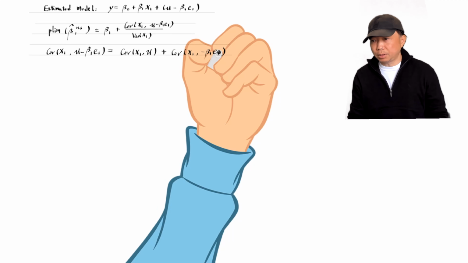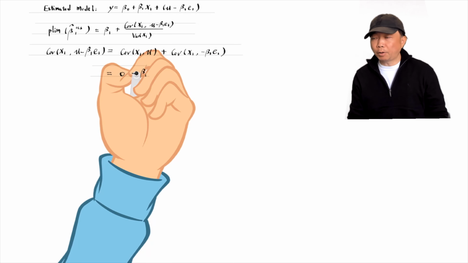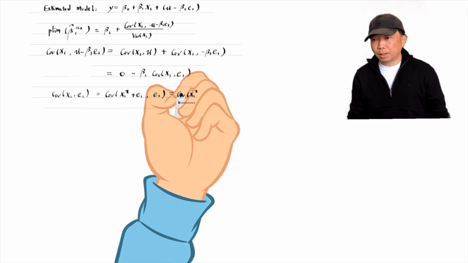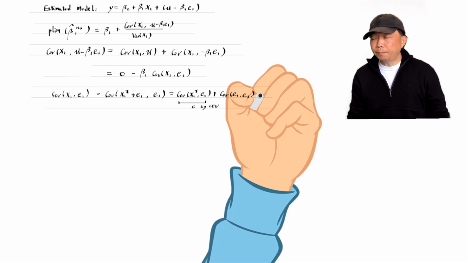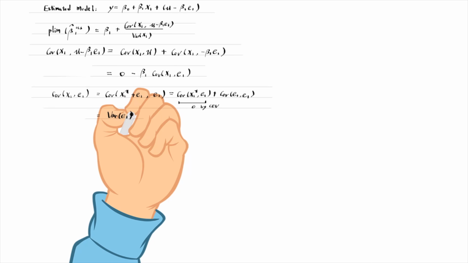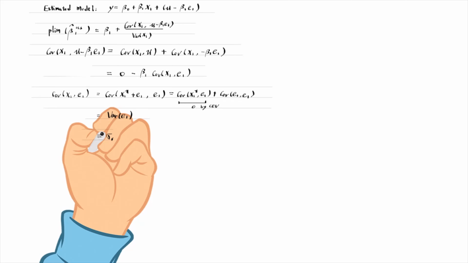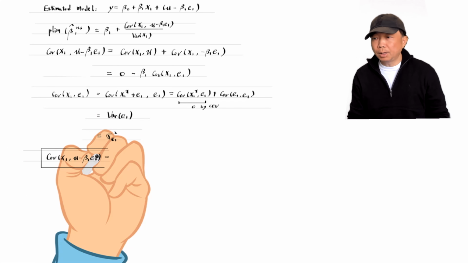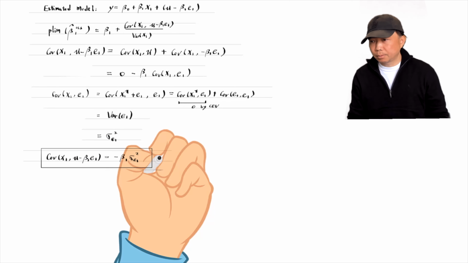The first term is 0 by assumption. For the second term, the covariance between x1 and E1 can be written as two terms. The first term equals 0 because of the classical errors in variables assumption. So the covariance equals minus beta 1 times the variance of the measurement error.